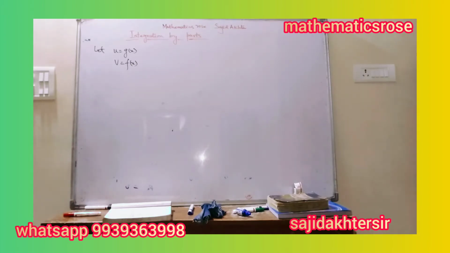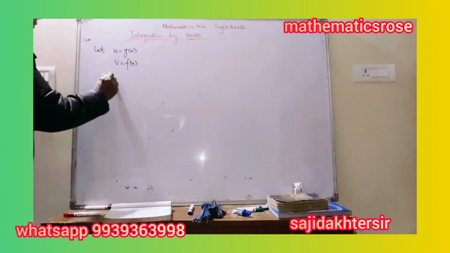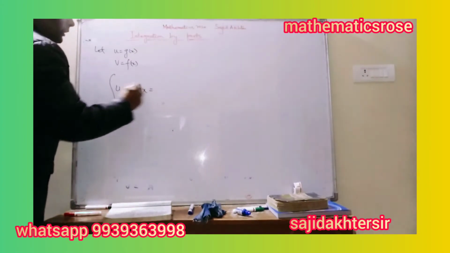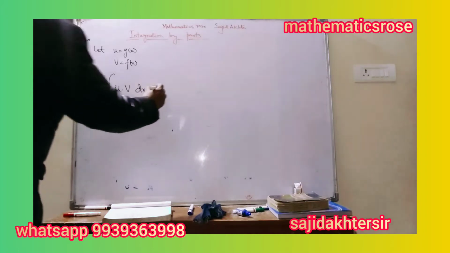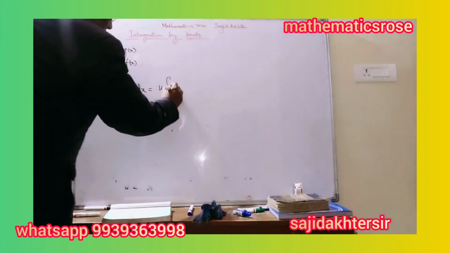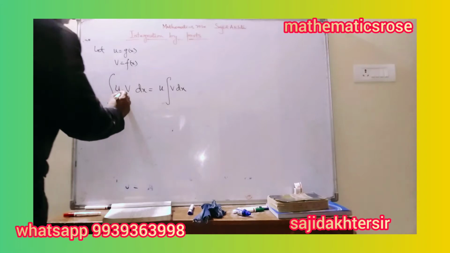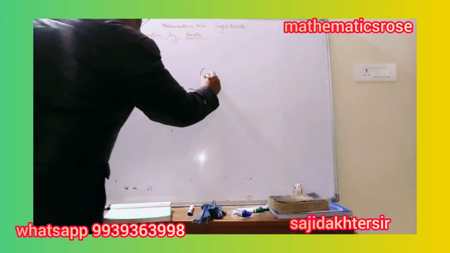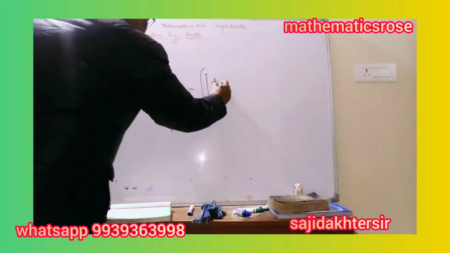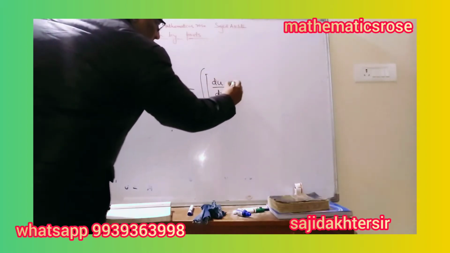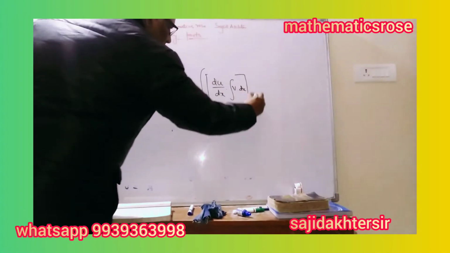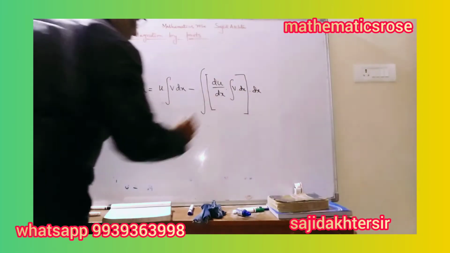As in differentiation we use the product rule, here for the integration of u times v dx, the formula is: u times the integration of v, where u is the first function and v is the second function, minus the integration of the differentiation of u with respect to x times the integration of v with respect to x, into dx.